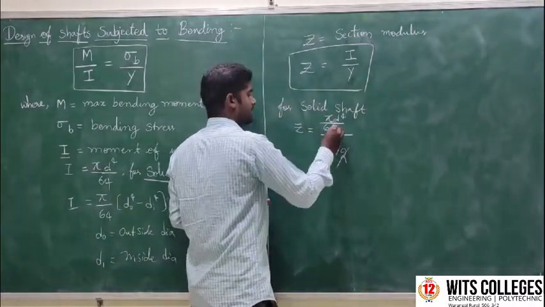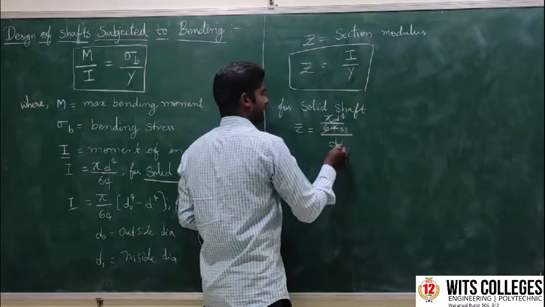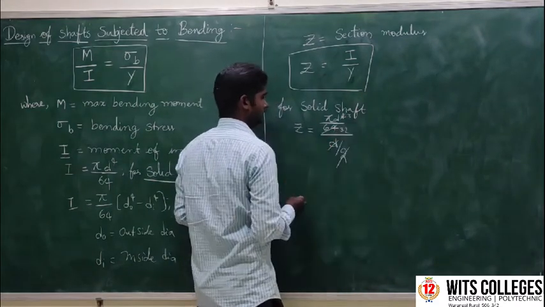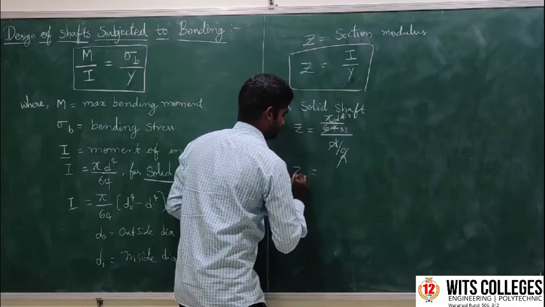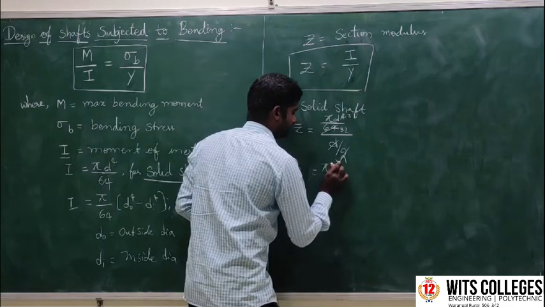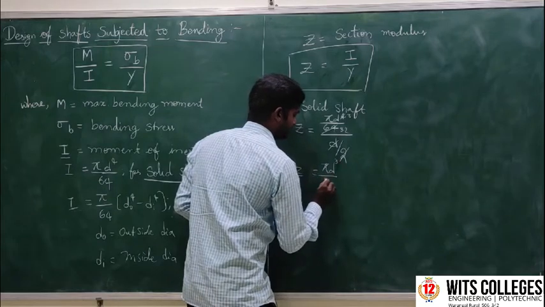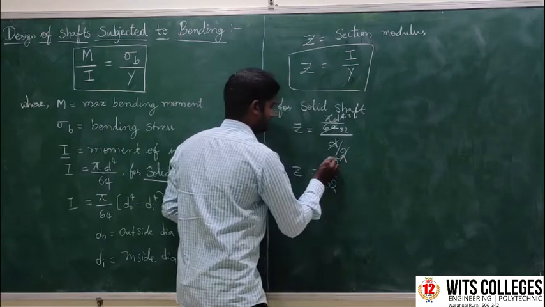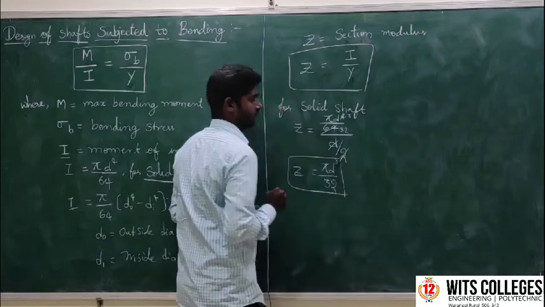So Z is equal to pi d cube by 32. This is for a solid shaft.